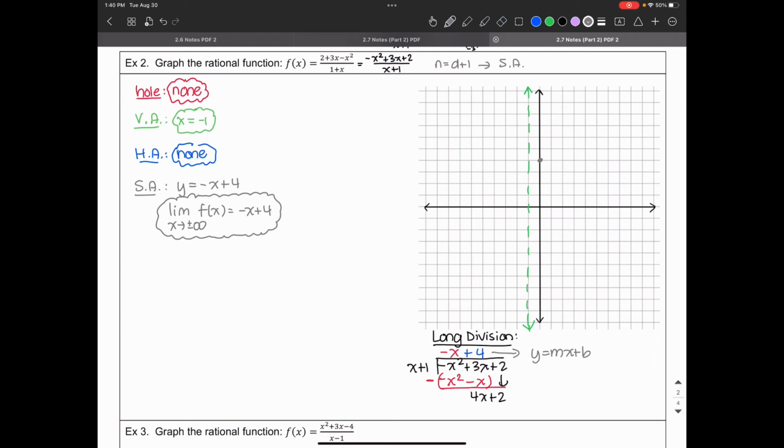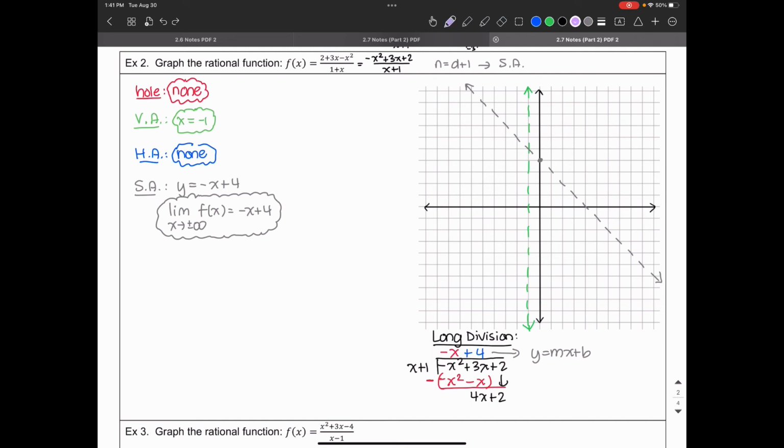As I go to the right, it's down 1, right 1. And I'll just put the dashes in. Down 1, right 1, down 1, right 1. And I will put all of these in and go backwards as well. I can see that this is a downwards line, so it makes sense it has a negative slope, just to check myself. And then I'm going to start putting the important points in.